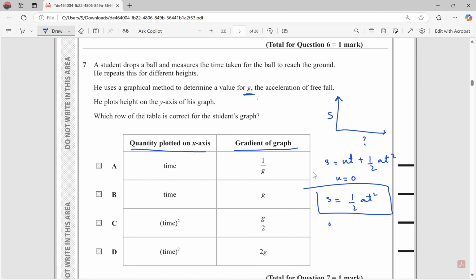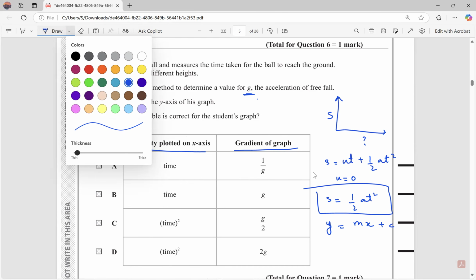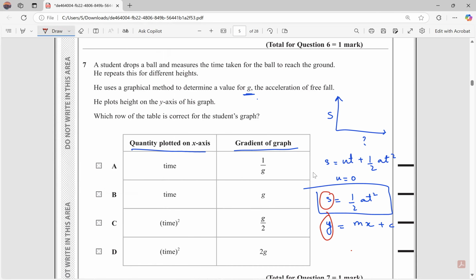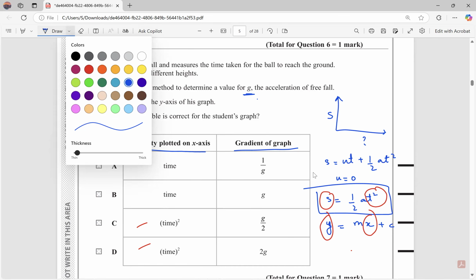On the y-axis, you have s. Let's just write the equation for the straight line. y is equal to mx plus c. So what does this tell you? On the y-axis, you have the distance, the height. On the x-axis, you would have time squared. And then what is the slope or the gradient equal to?